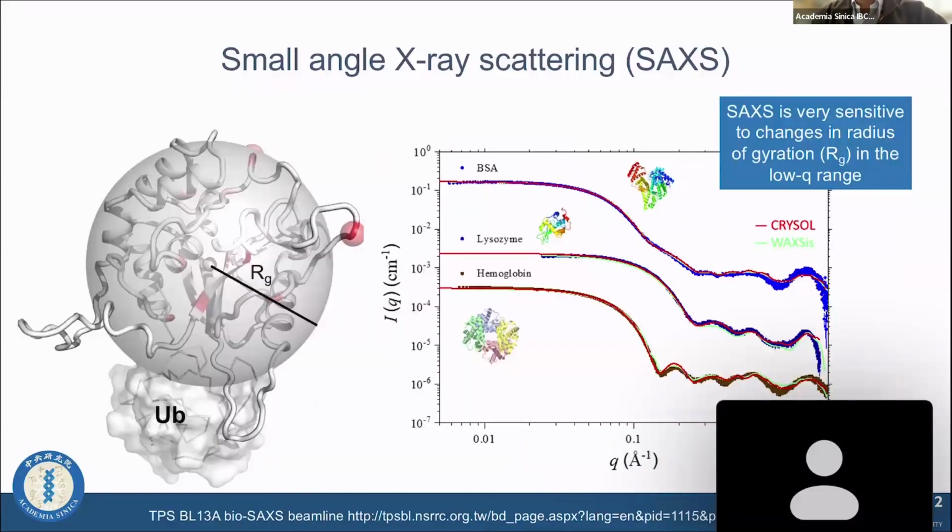But typically, what we use SAXS for is the radius of gyration derived from the SAXS profile in the low Q region, to compare the compactness of our target protein under different experimental conditions.